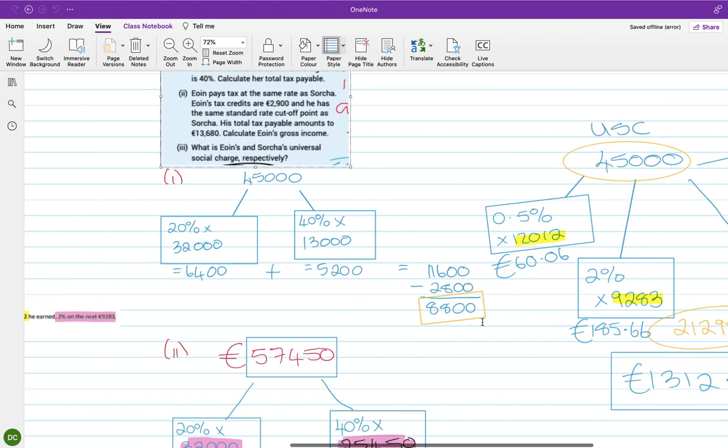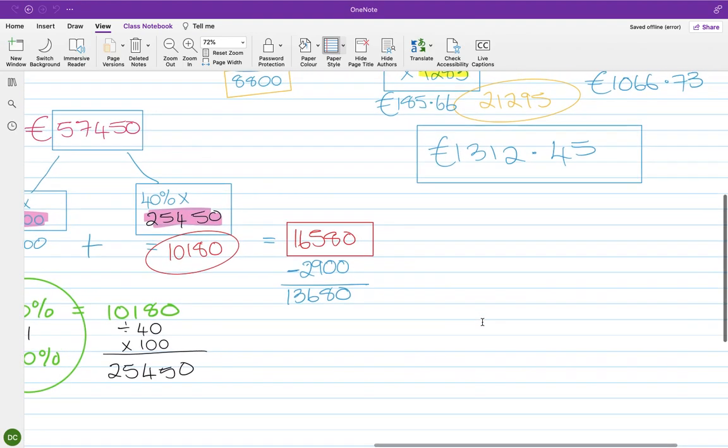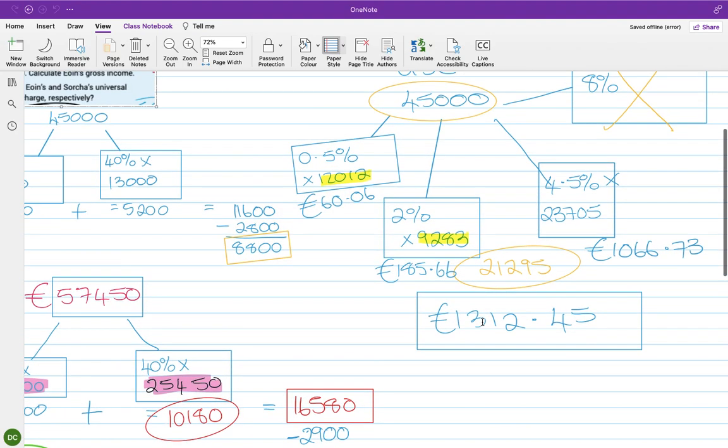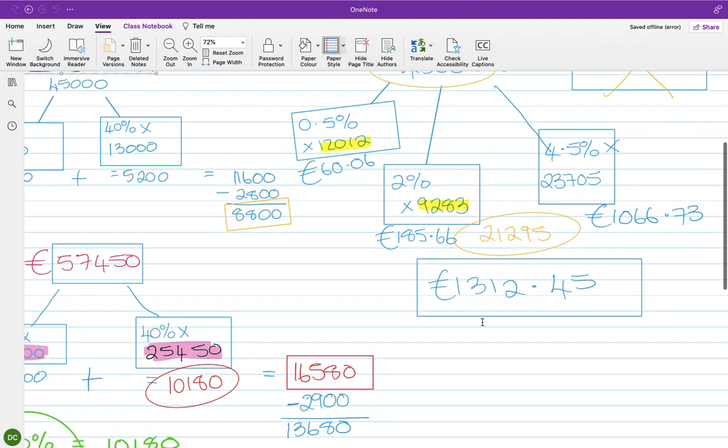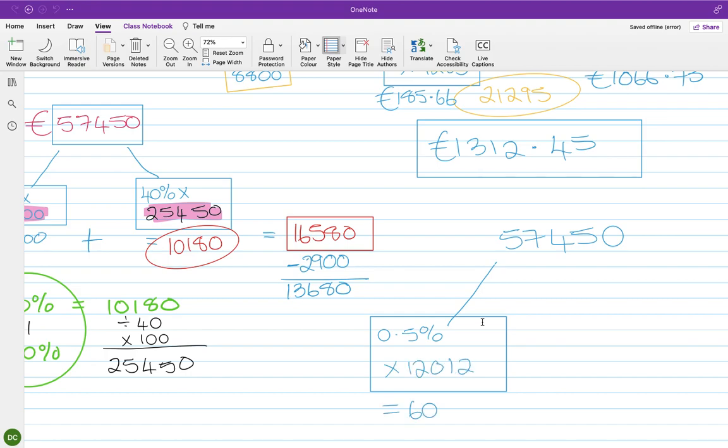And then he also doesn't earn over 70,044, so he's going to be exactly the same. I'll do it quickly, but it's the same calculation again. 57,450. We have 0.5% multiplied by 12,012, which is 60.06.